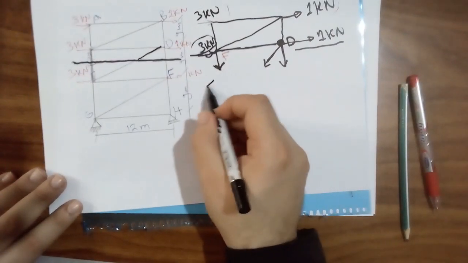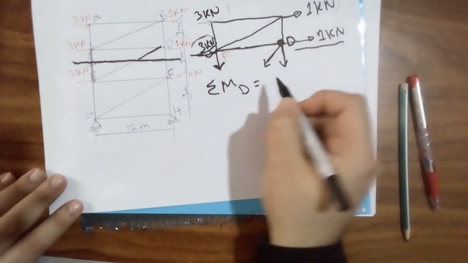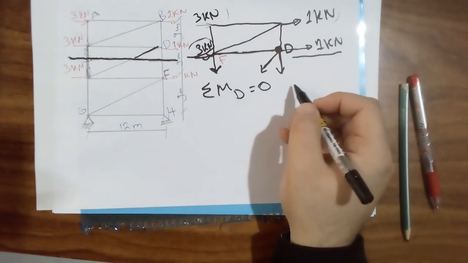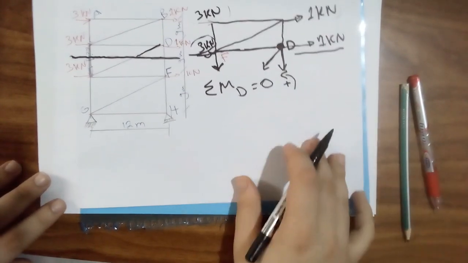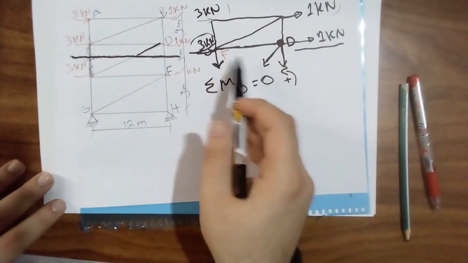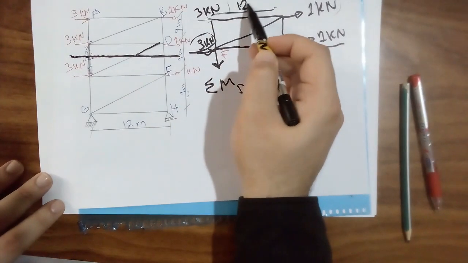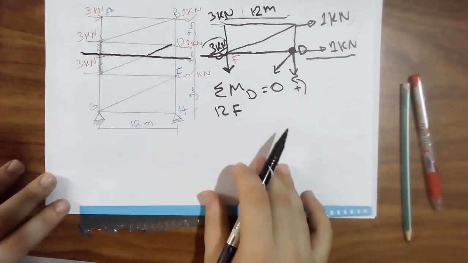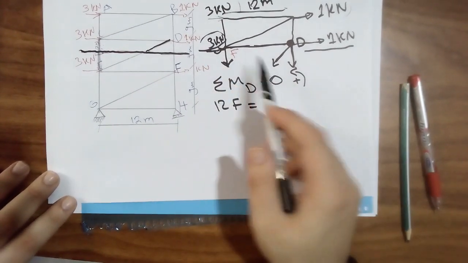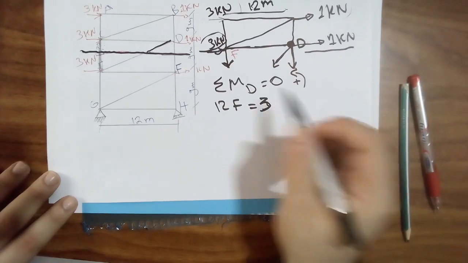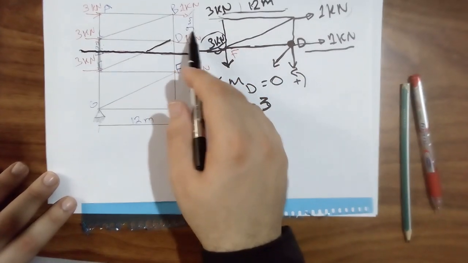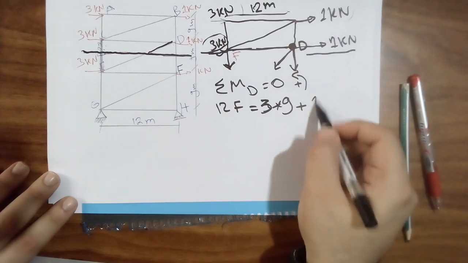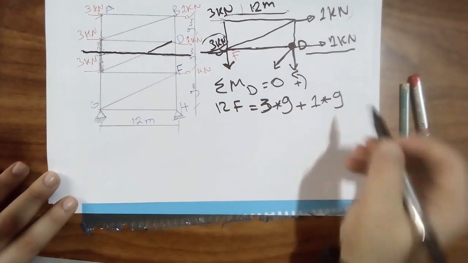Let's assume summation of moments around D equals 0, and let's assume counterclockwise is positive. As you can see, this horizontal distance is 12 meter. So 12 times F, which is the required force, equals 3 kilonewton times the vertical distance, which is 9 meter, plus 1 kilonewton times also 9 meter.